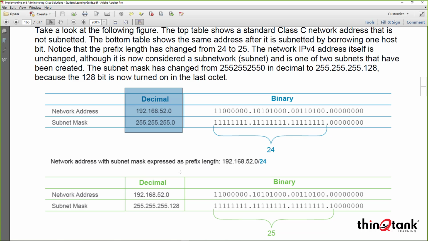Here we borrowed a 1, which means we went into the 4th octet, which means that only the last 7 bits are now the host portion, and the first 25 bits are the network portion.